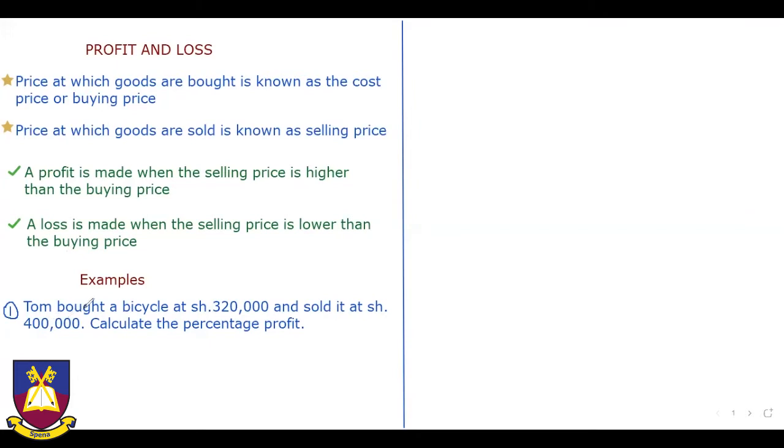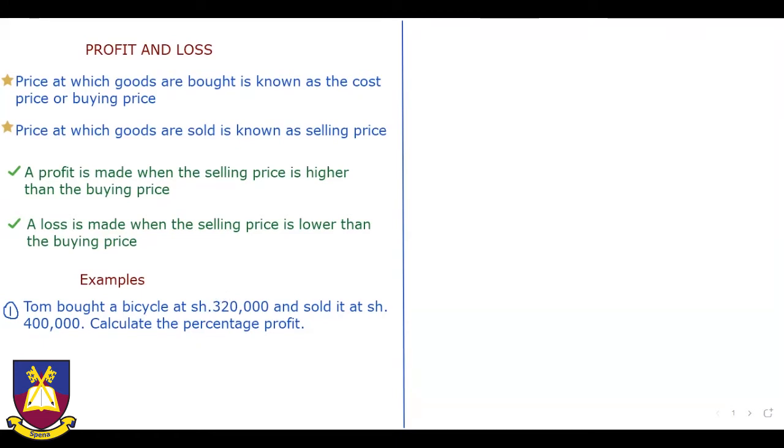So let's look at the examples about profit and loss. The first one says Tom bought a bicycle at shillings 320,000 and sold it at shillings 400,000. Calculate the percentage profit. It's obvious here that Tom made a profit because the selling price is higher than the buying price.